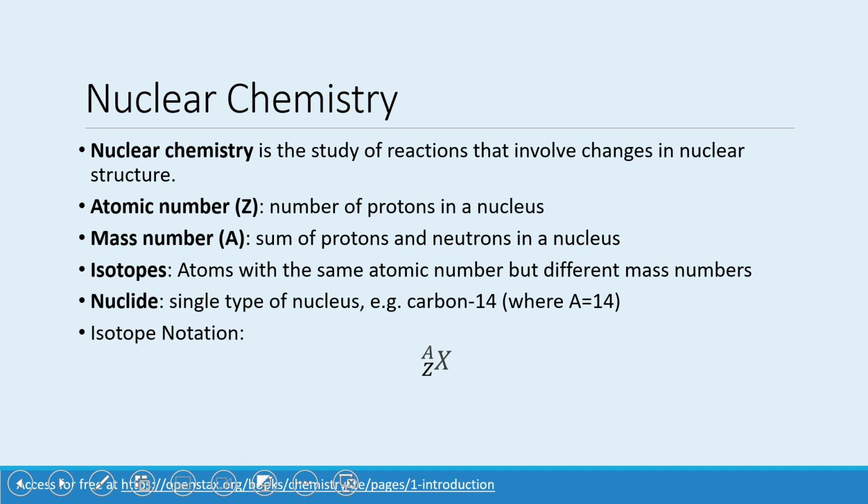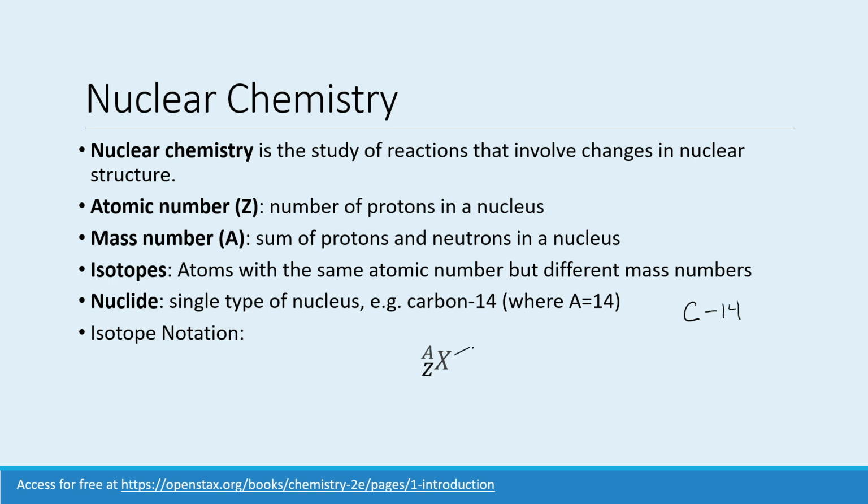So we can represent isotopes at least 2 or 3 different ways. You've got that carbon-14, which could also be represented as the element symbol C-14. And keep in mind that that 14 is the mass number. And then another way we can represent that is with this isotope notation.